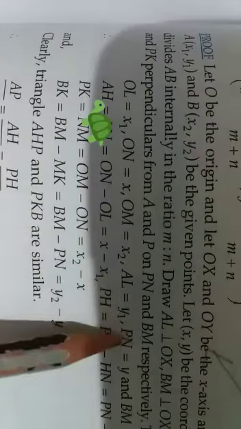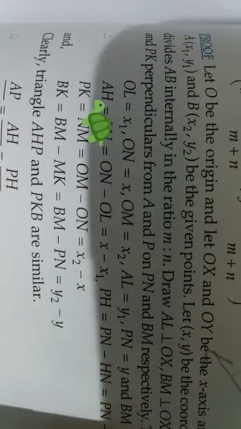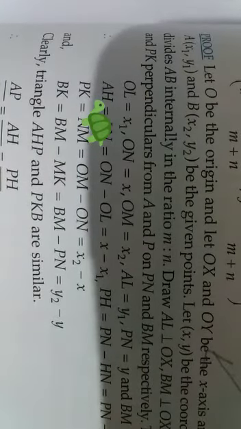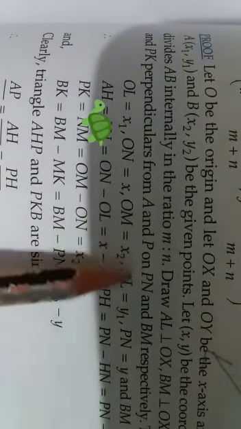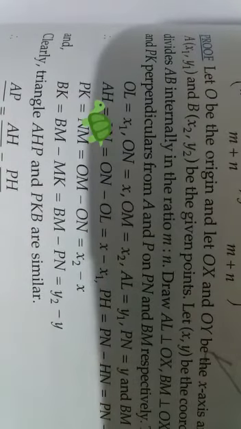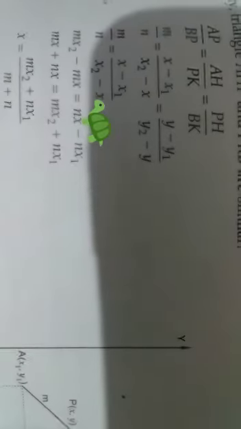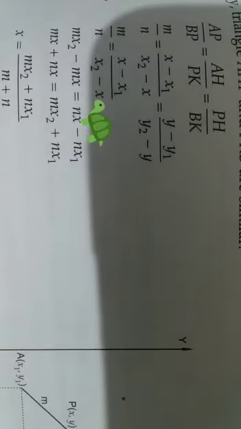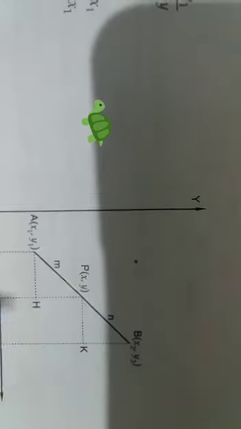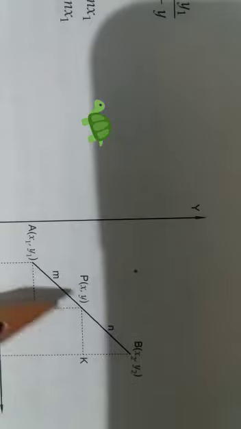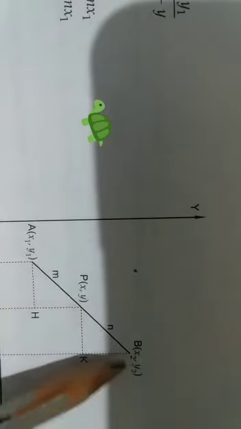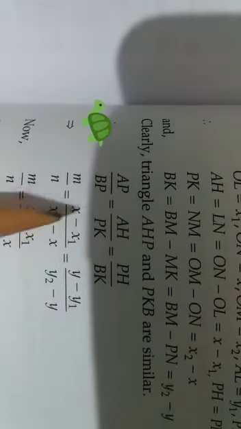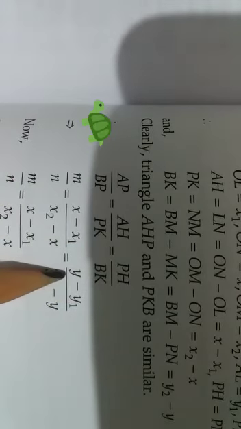Then we have drawn AL, BM and PN perpendicular to OX, and AH and PK perpendicular from A and P on PN and BM respectively, and we have written the values of OL, ON, AL and so on. After that, triangles AHP and PKB are similar, therefore AP by BP is equal to AH by PK is equal to PH by BK.